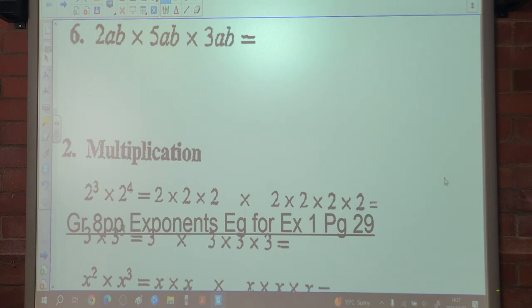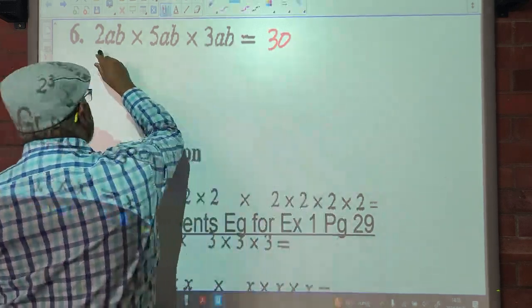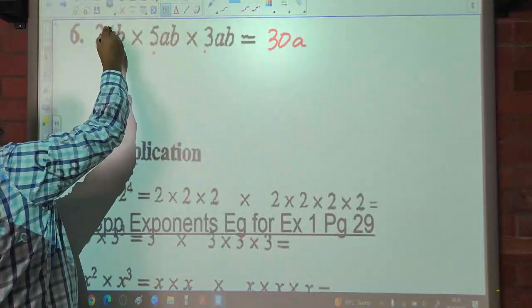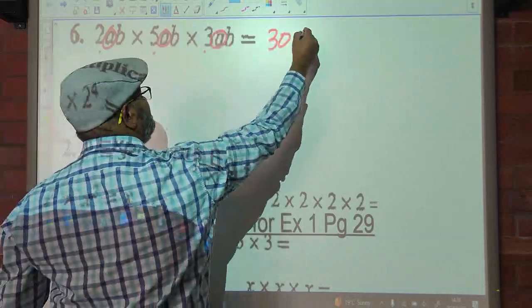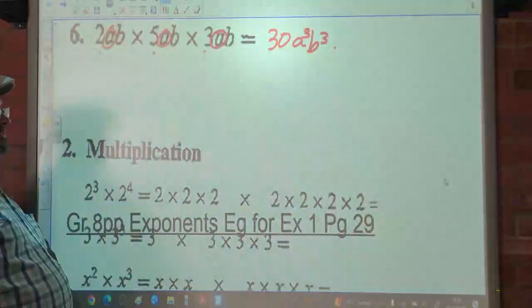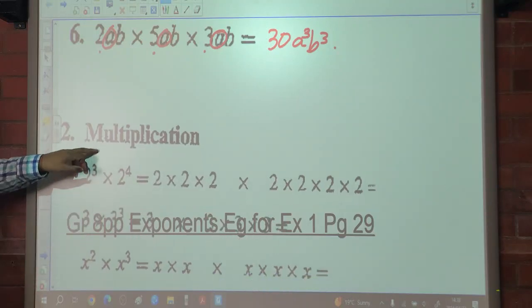If I say 30, it will be something in my brain. You're on the right track here. So it's 30, 3 A cubed B cubed. Okay, you got 30. So 2 times 5 is 10, times 3 is 30. A times A times A is what? A cube. B cube. Will you guys understand? Yes, Michael? So what I said, 30, is right. Nice, same. Full marks.